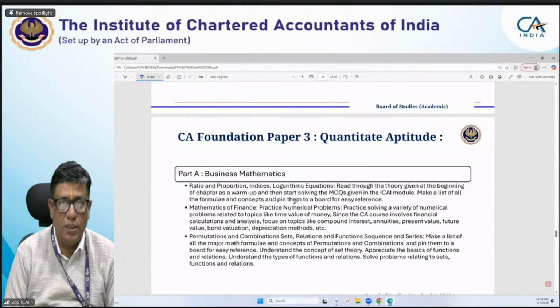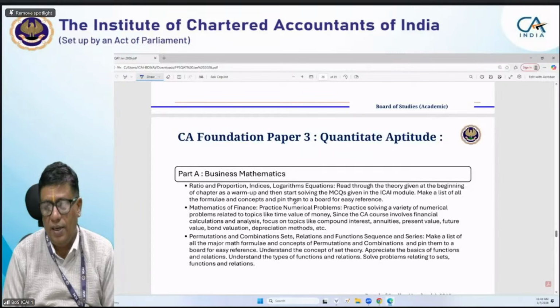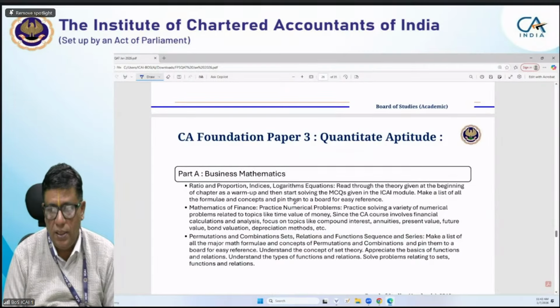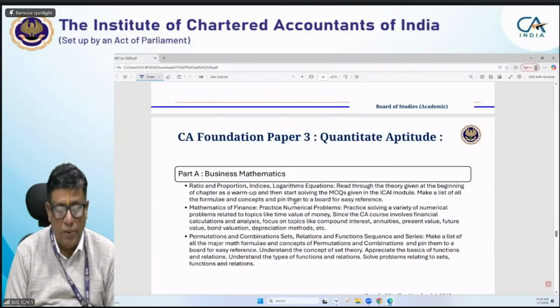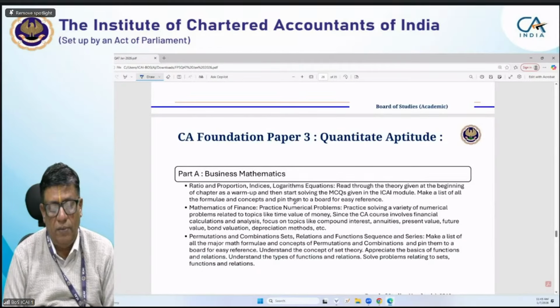Then limits and continuity of functions, differential calculus and integral calculus, and their applications in business, especially marginal cost and marginal revenue, used in total cost functions, especially in cost theories and the revenue functions of economics: how they can be obtained from marginal cost and marginal revenue.